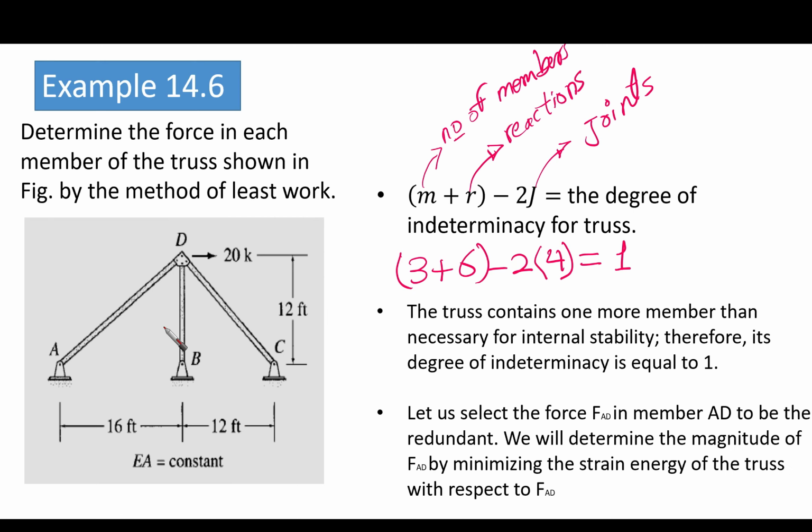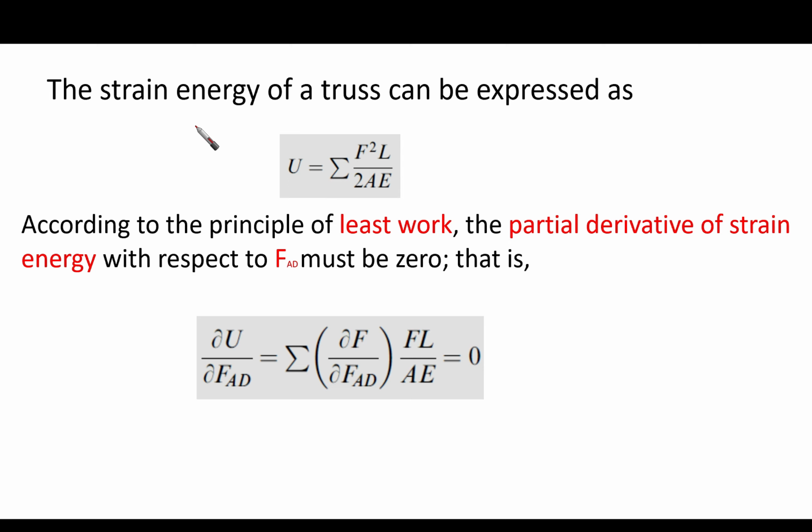Okay, so let's go back. Our FAD here is going to be our main redundant. Let's go to the strain energy equation and see how we are going to deal with the problem.